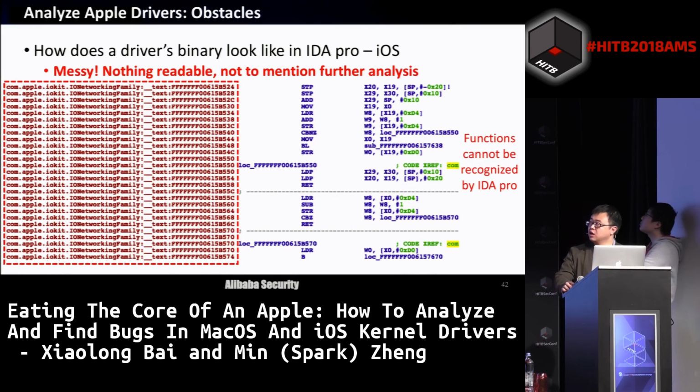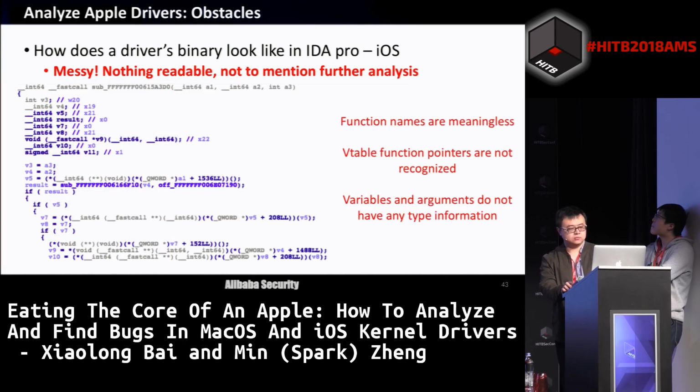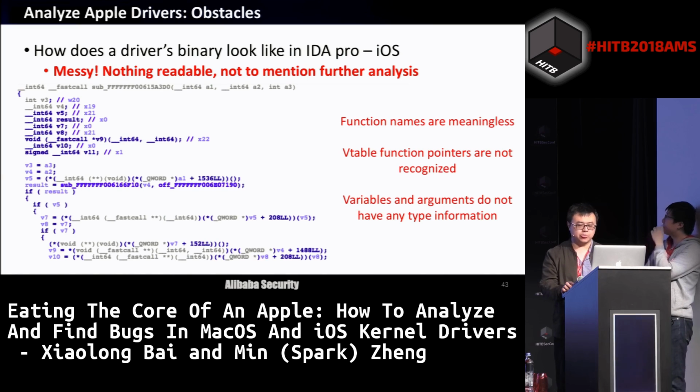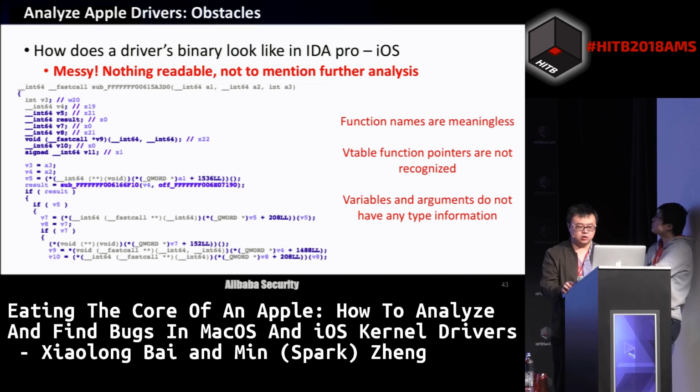What's worse, IDA Pro cannot recognize functions in iOS kernel drivers most of the time. So let's look at the compiled code of iOS kernel drivers. We can see that the code cannot be understood at all.